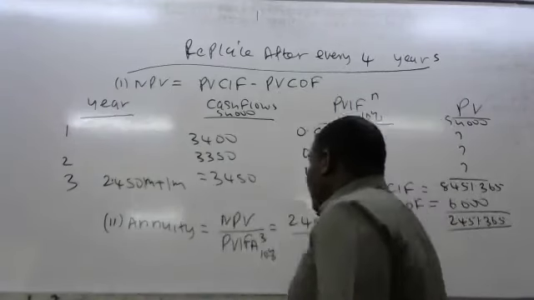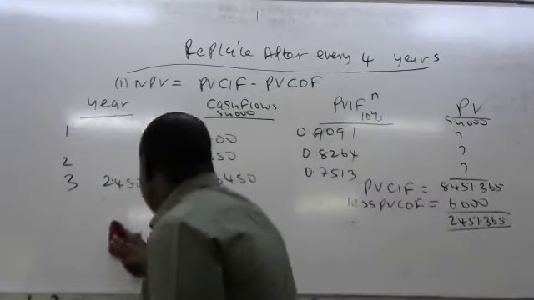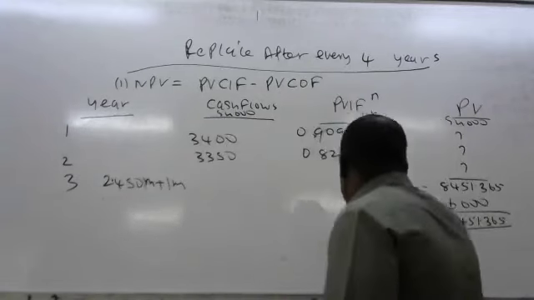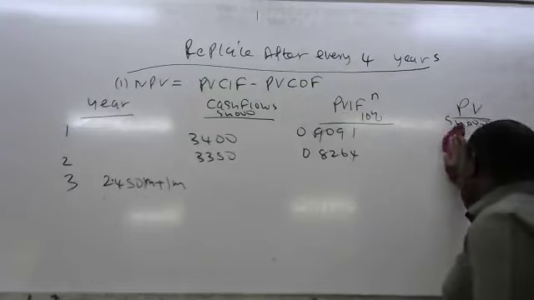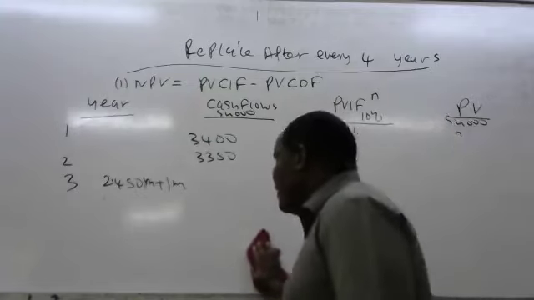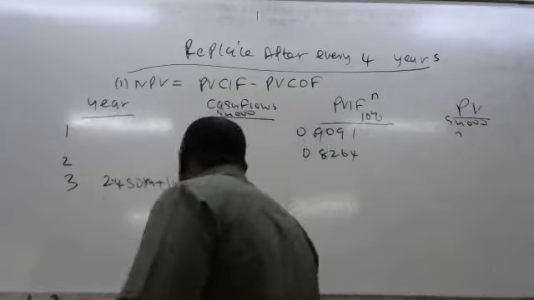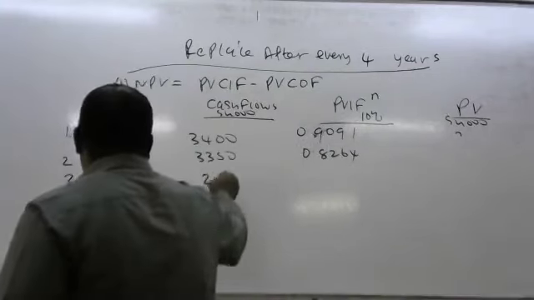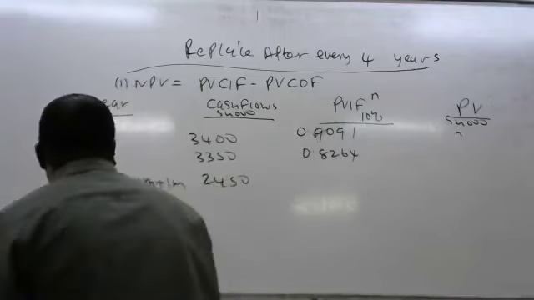So year 1 cash flows will not be affected this time. Year 2 cash flows are not affected. Then now we make adjustments in the year 3 cash flows. Year 3 cash flows, this time there is no reserve value. It will simply be 2,415 like that.